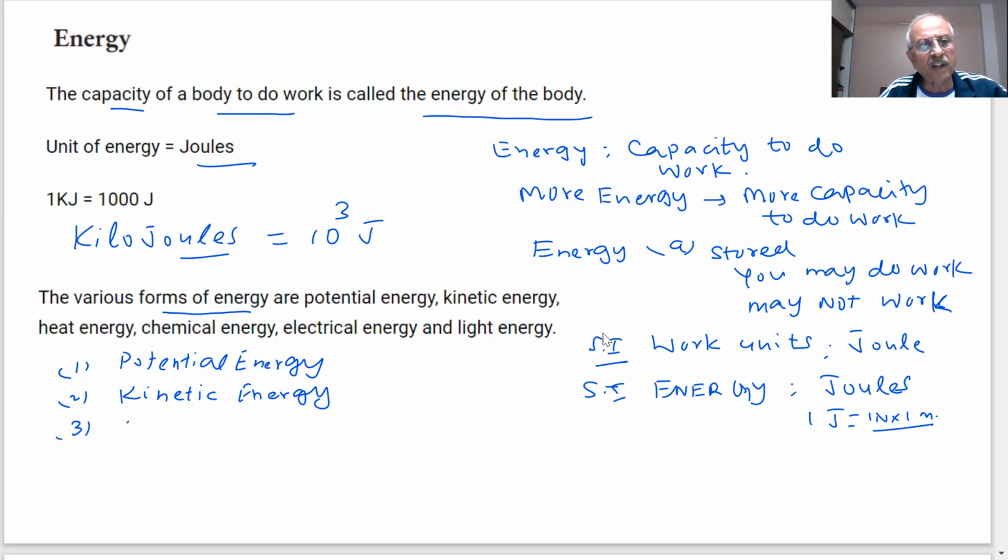Then we are talking of heat energy. Heat energy is also a form of energy. When the temperature is more, we say there is heat energy. You are on a fire, you are making food, that is how you say heat energy is there. What is chemical energy, student? Where are you using chemical energy?